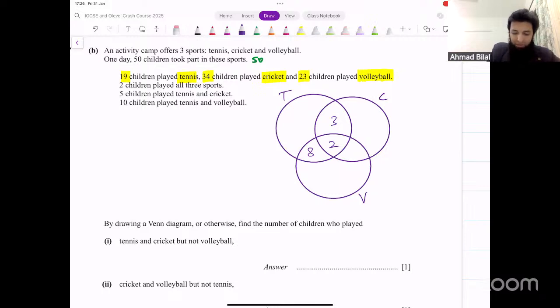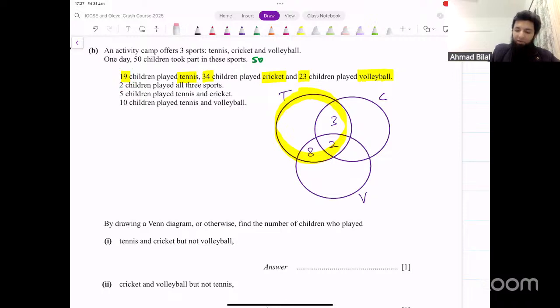Now we can use the information that was given. They said 19 children played tennis. How many regions do we have left in this tennis circle? There's only one region left, right? The sum of all numbers in this circle should be 19.